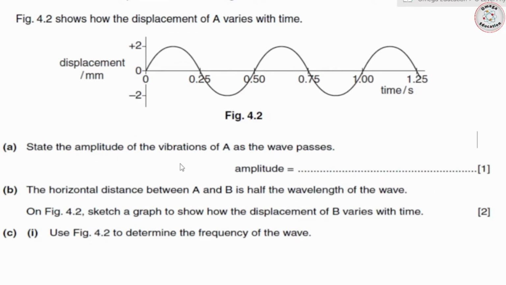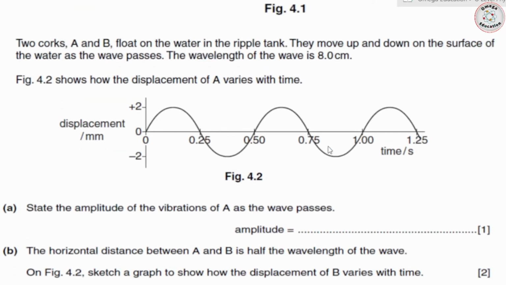State the amplitude of the vibration of A as the wave passes. All right, so the displacement of A is shown in the graph. So the amplitude is maximum displacement from mean position.